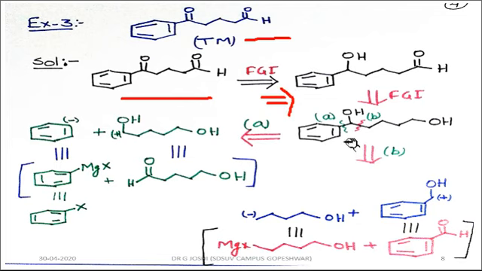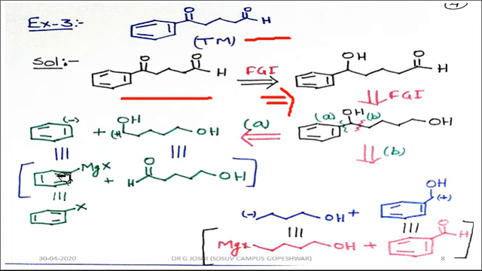After getting this dihydroxy derivative using the functional group interconversion technique, we'll do the disconnection. Disconnection may follow either path A or path B. Path A will have these two synthons. We know that this benzene ring always bears a negative charge.